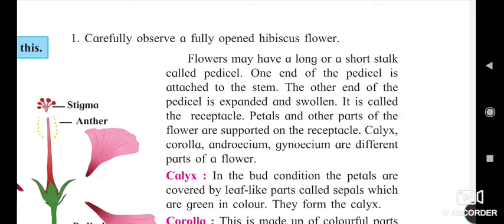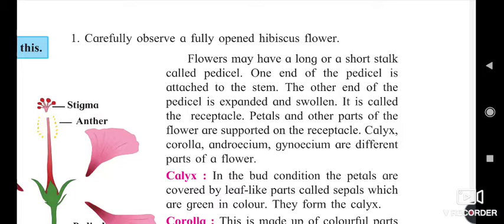Here we first read this part: the flower may have a long or a short stalk, called the pedicel. One end of the pedicel is attached to the stem, and the other end has expanded and swollen. It is called the receptacle.